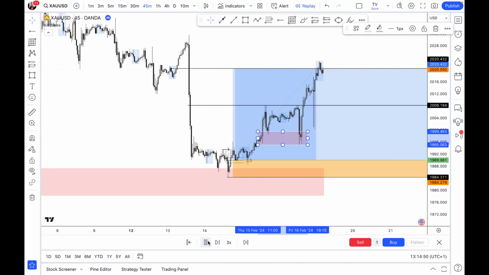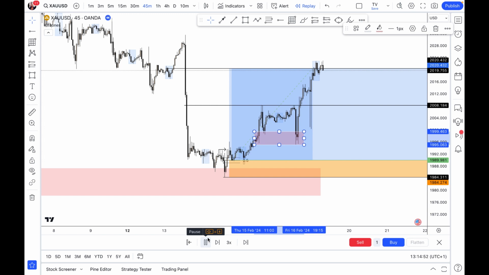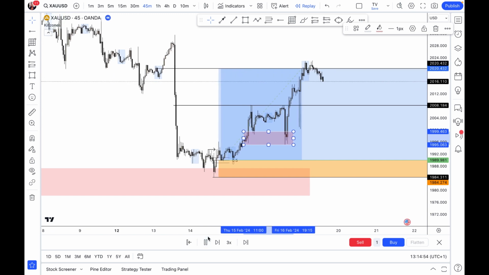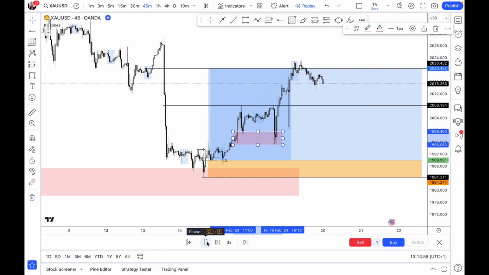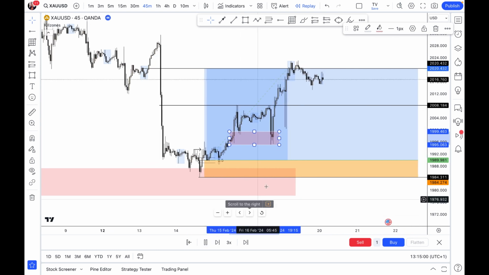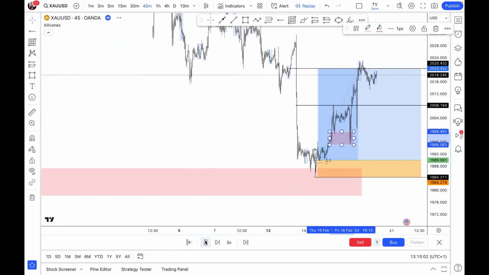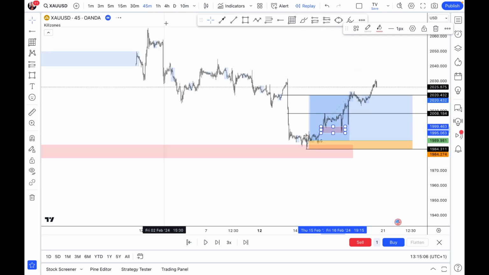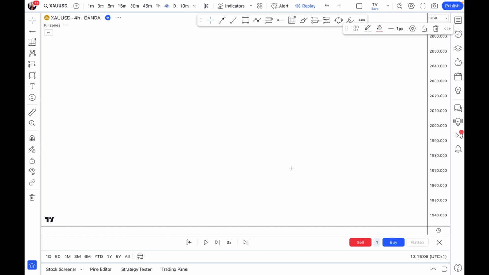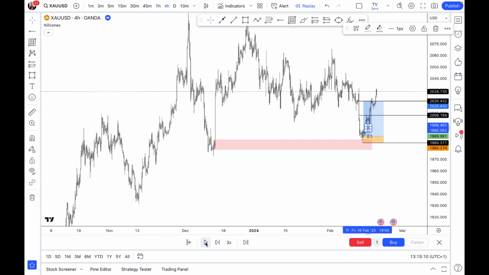So you can see that demand and supply also works on commodity pairs, on gold, on silver. So whichever pair you trade, this is just a clear example and a clear representation of demand and supply on gold.